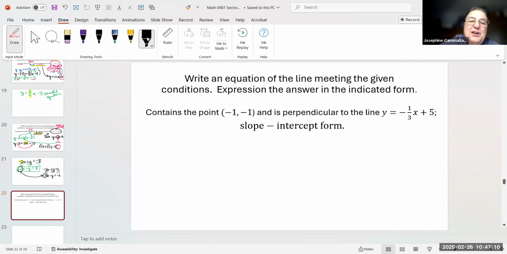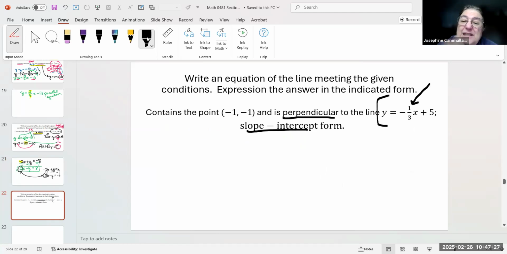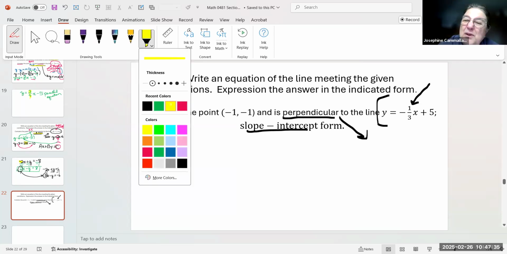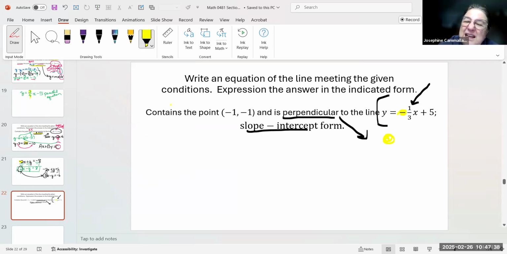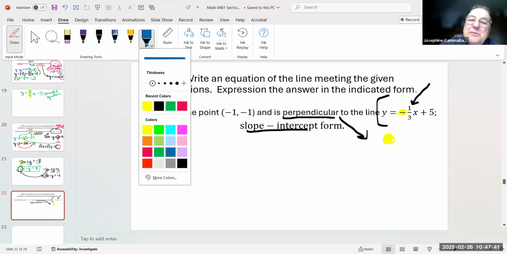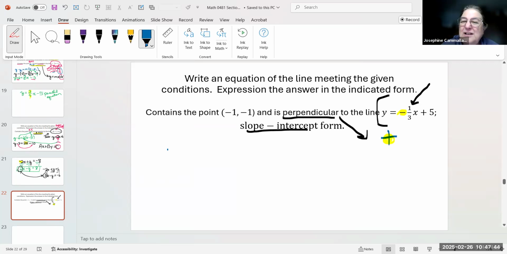Now, slope-intercept, which means I can have a fraction. But, see the word perpendicular? Okay, this equation is beautiful. There is my slope. But perpendicular says change that sign. Well, this sign has got to change, which means it's got to become positive, and then the fraction has got to flip.